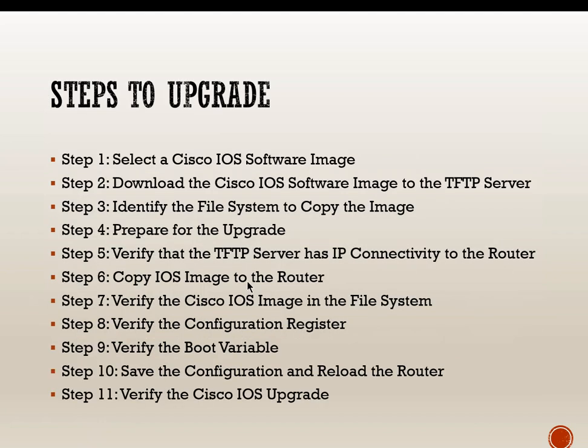The steps: select the image, download it, identify the file system, prepare for the upgrade, verify the TFTP server IP connectivity, and copy the IOS image to the router or switch. In our case, we're going to do the switch. I'm going to use Packet Tracer, and the routers don't have enough memory to load the upgraded IOSs, and it doesn't support the erase flash command.